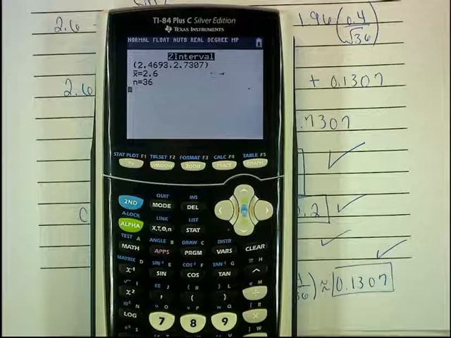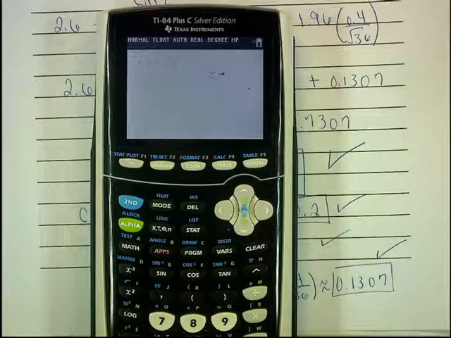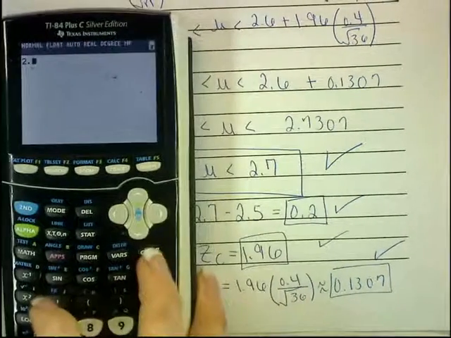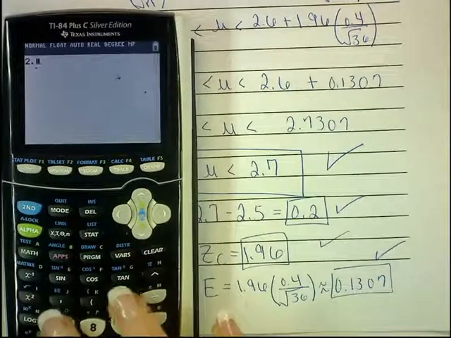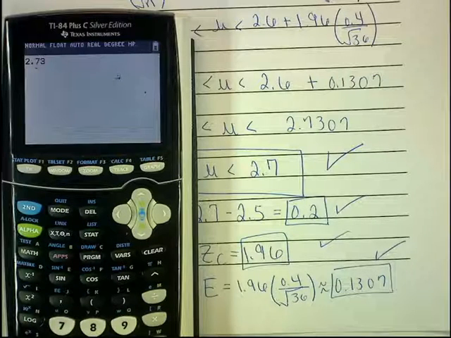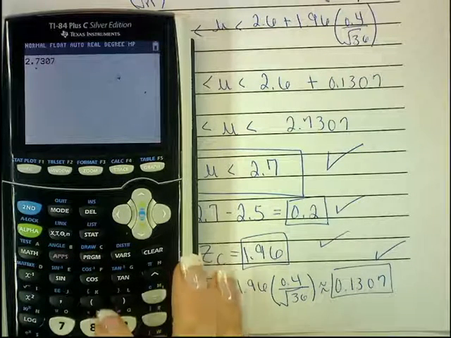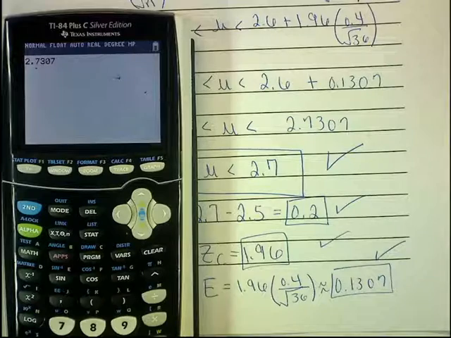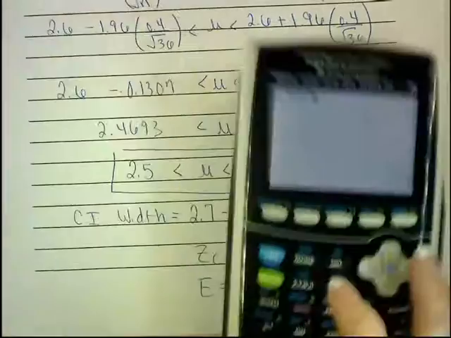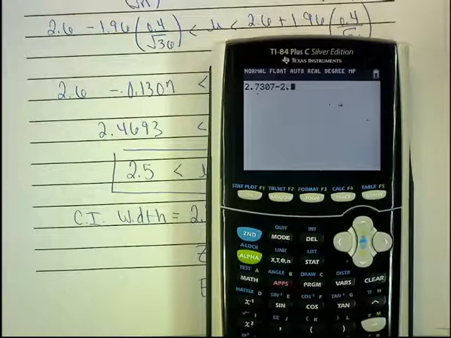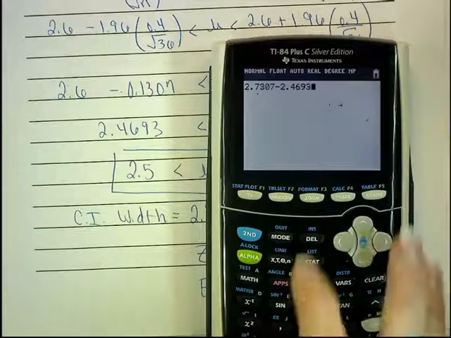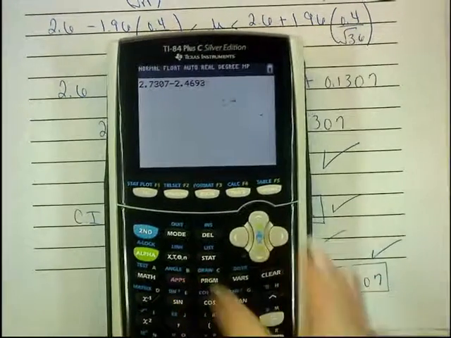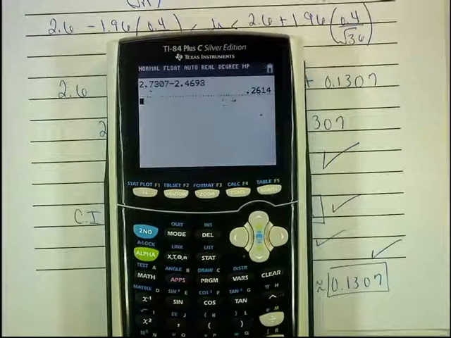Take your 2.7307 and you want to subtract 2.4693. And that's your confidence interval width.